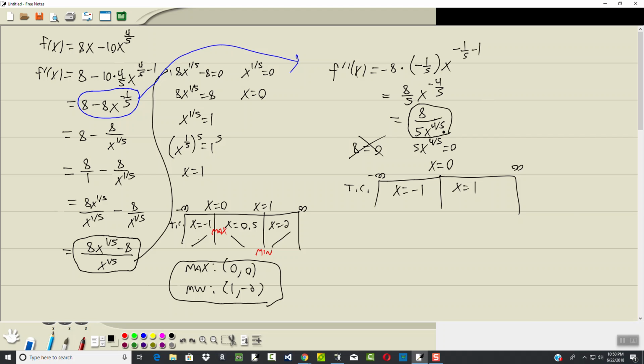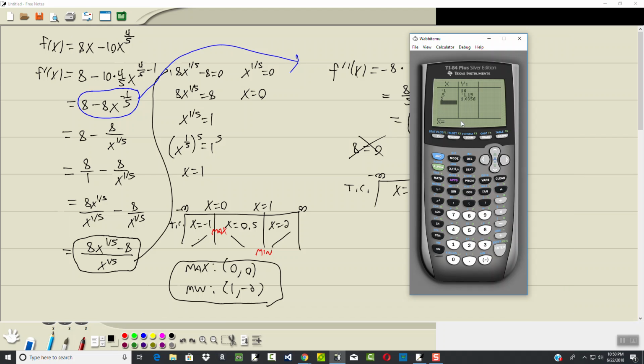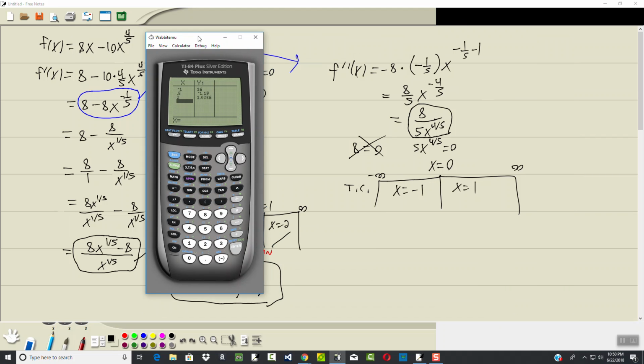And again, you could use a calculator for that. So we go back to y equals, clear, 8 divided by, parentheses on the bottom, 5x caret, beginning parentheses 4 divided by 5.